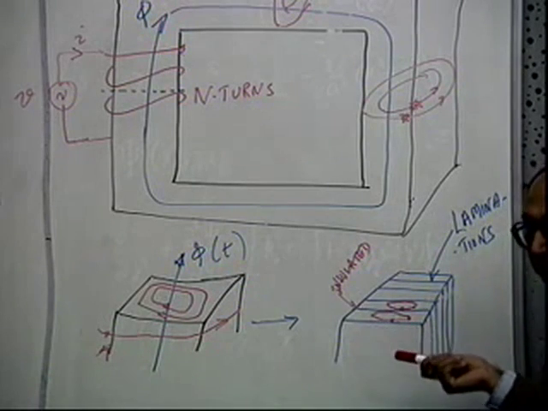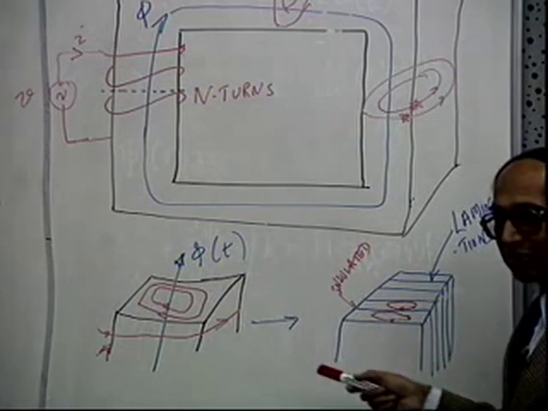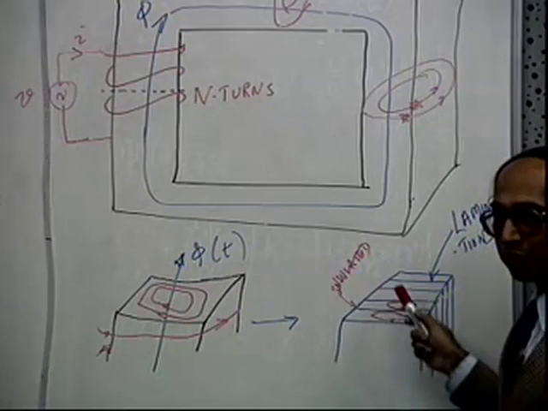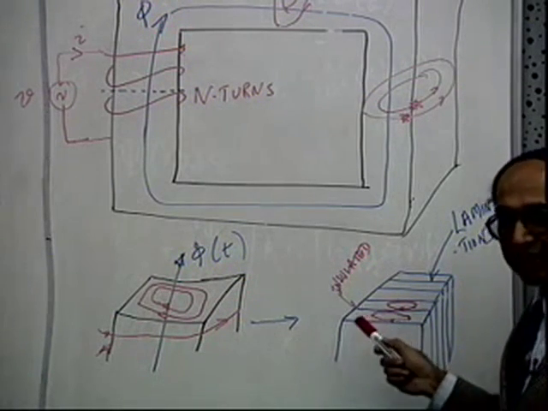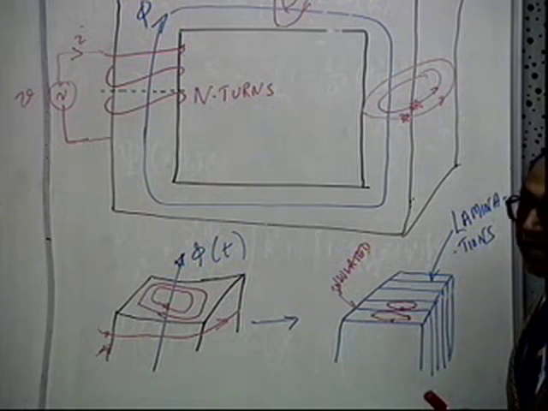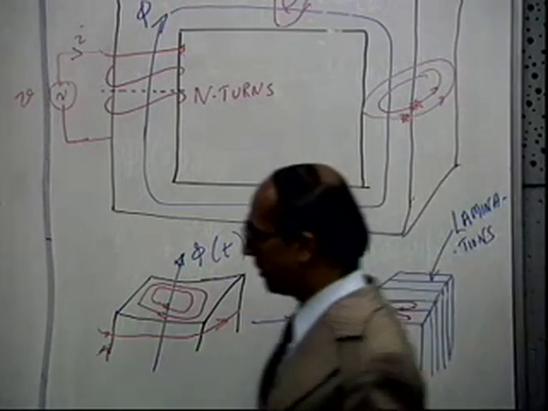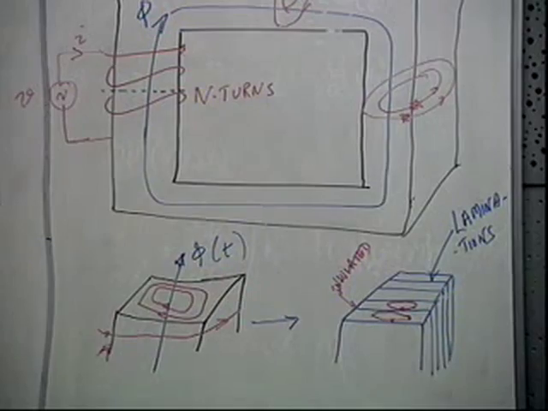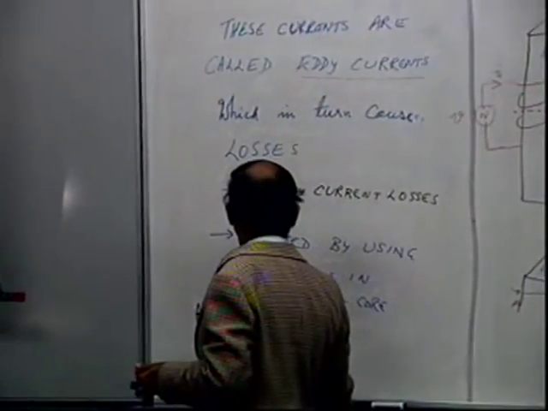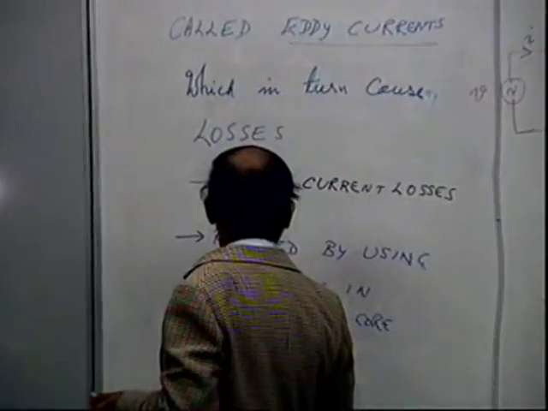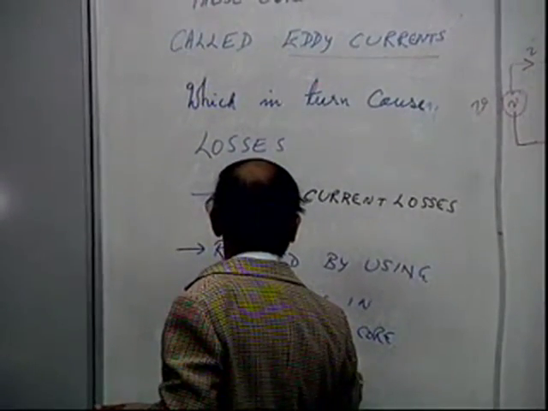After all, the loss is V square by R. So in this process you are increasing the resistance to the current path, because you are increasing the length of the current path.